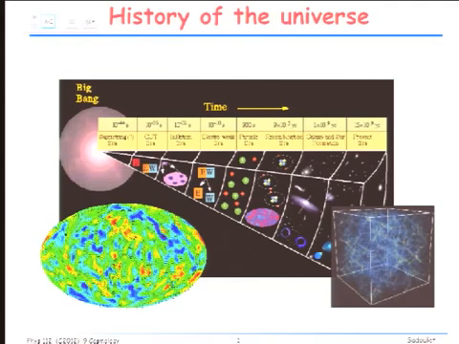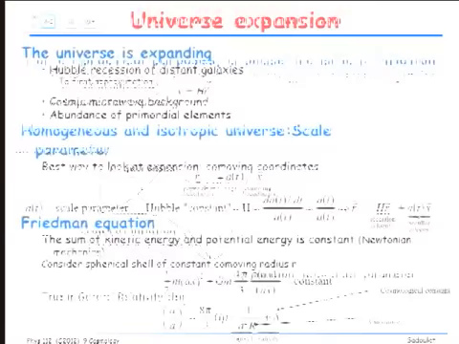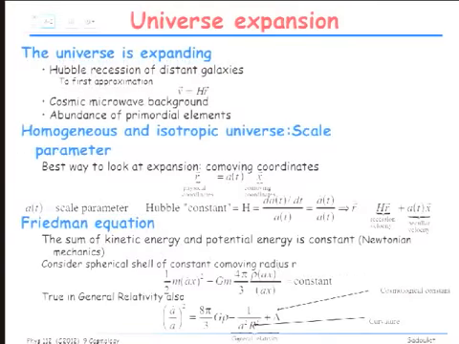Okay, so let us speak about... Oh, there was something which was very important. What I said, and this is the Friedmann equation, A is a scale parameter. The universe is expanding in a way which is homogeneous and isotropic to first order.